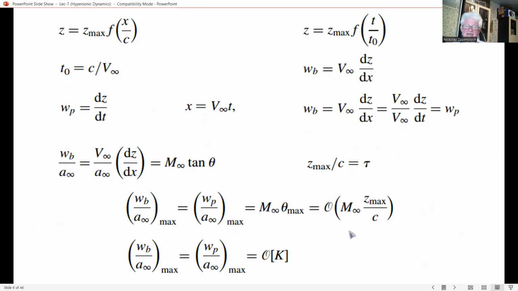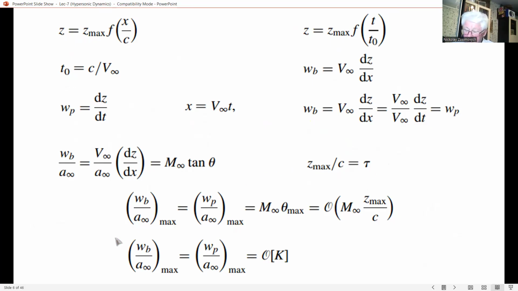If we consider z maximum over c as a measure of the slenderness ratio of the airfoil, remember that z maximum over c is this tau.